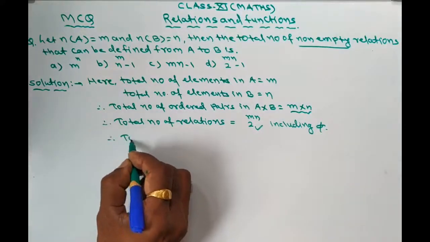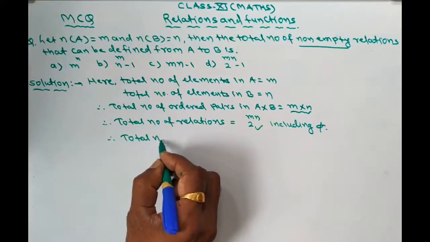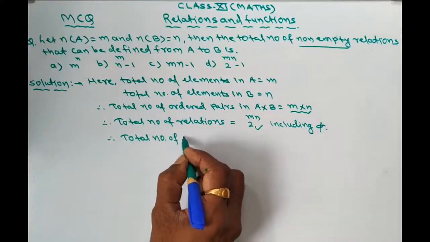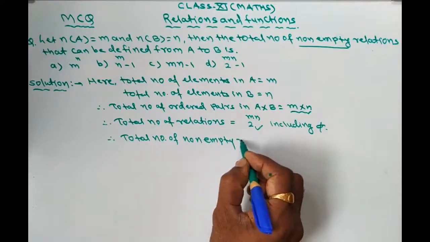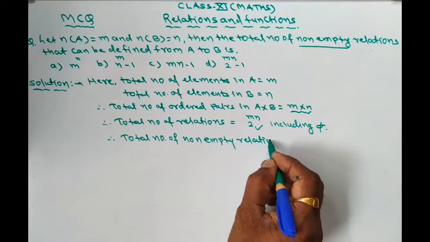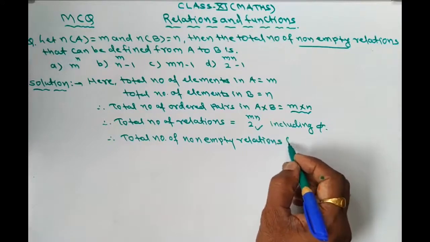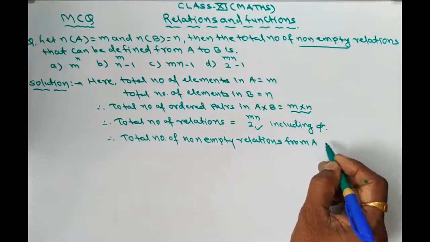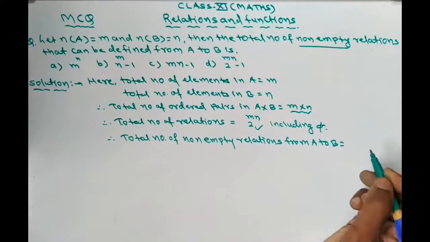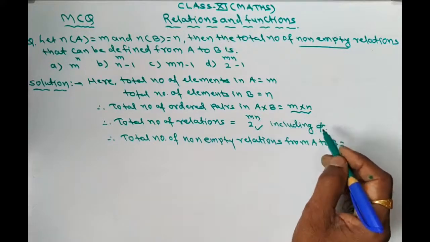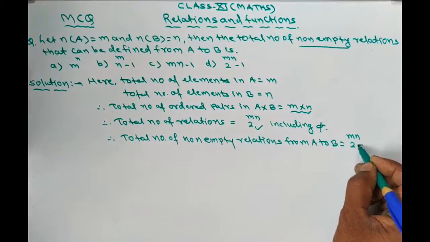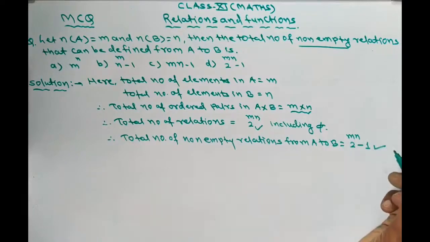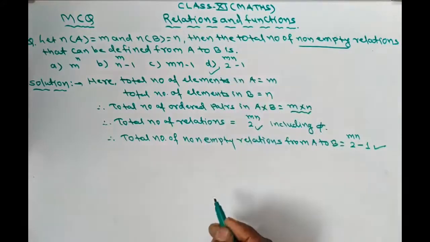Therefore the total number of non-empty relations from A to B equals, you have to subtract this empty relation, that is 2 raised to the power mn minus 1. These are the total number of non-empty relations. So answer D is correct here.